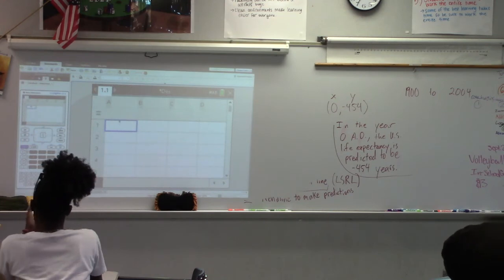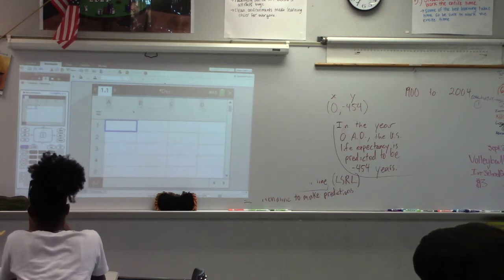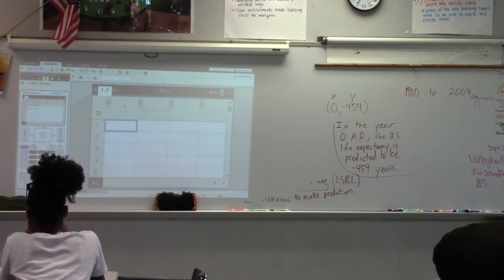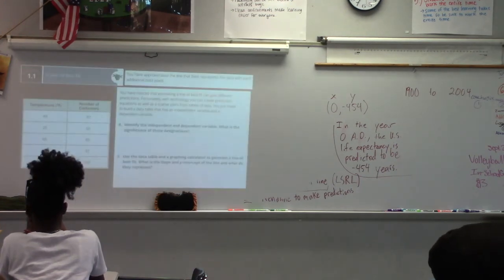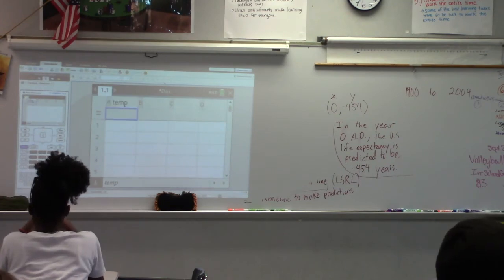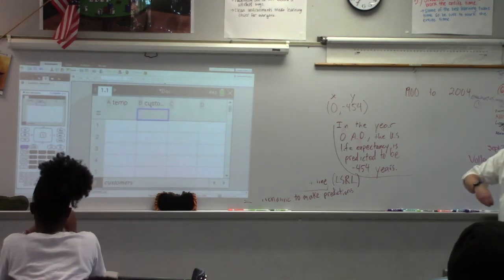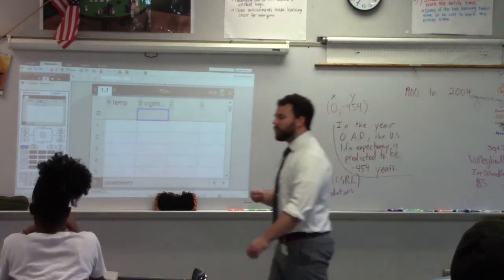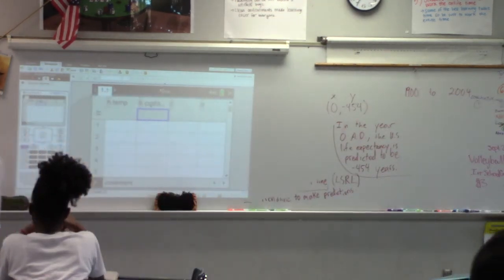And so I would enter my X values, my Y values. Now what are the names for those variables? Temp and customers. So I would type out just temp, that's easy enough, and then customers. Enter your values in there, and let's use our data and statistics page.